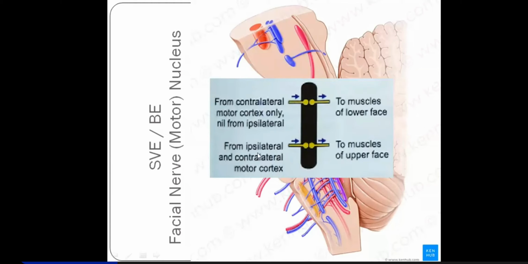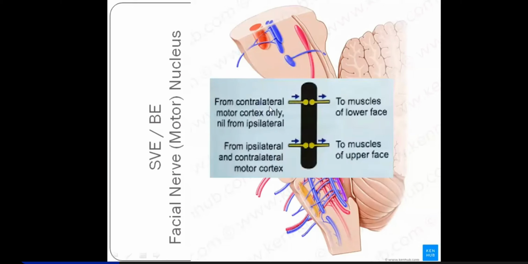So from both the ipsilateral and contralateral motor cortex, fibers descend to the facial nerve nucleus, and from there the lower motor neurons will innervate the upper part of the face. That means the upper part of the face has a bilateral representation in the cerebral cortex.